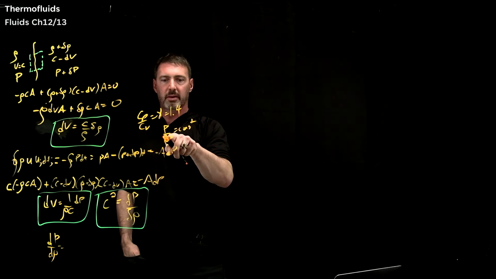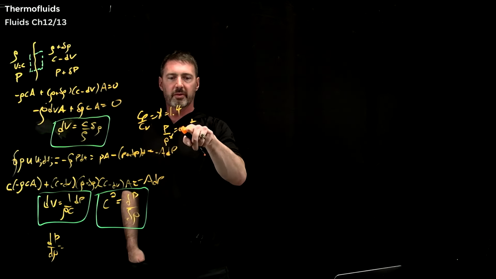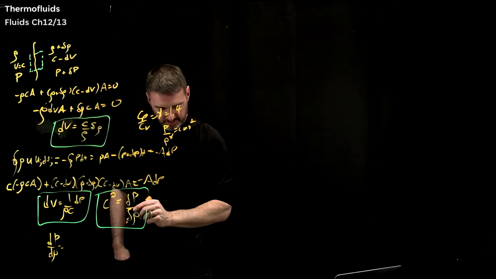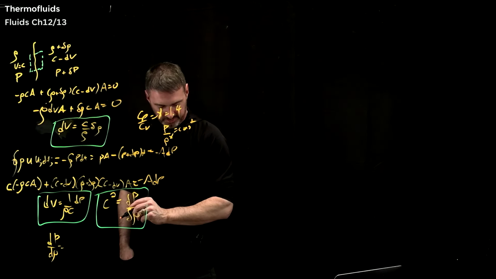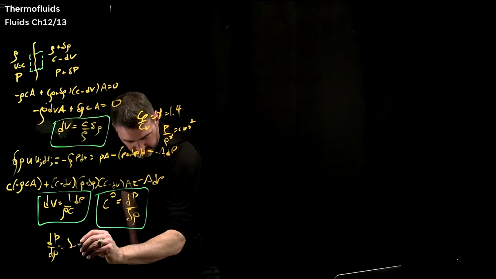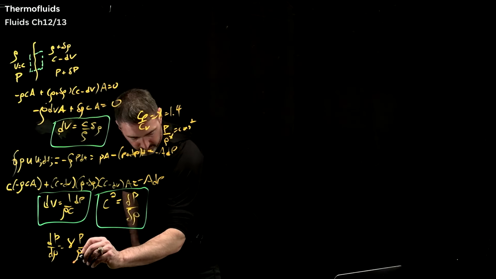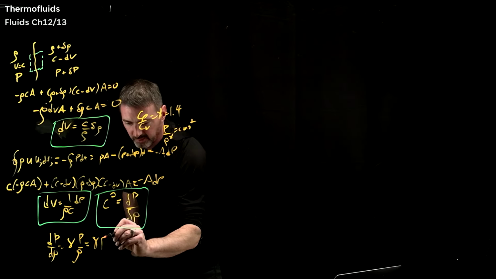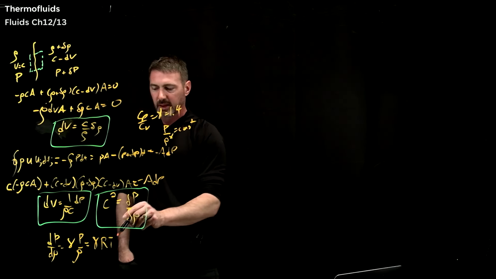Well, the derivative of pressure, so put this up here, this is a constant raised to the minus gamma. And what you'll see is that's equal to gamma times P over rho. And P over rho, if we go back to ideal gas, by definition, is RT. And so, well, there we go.